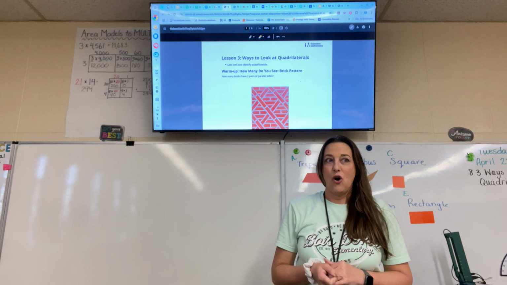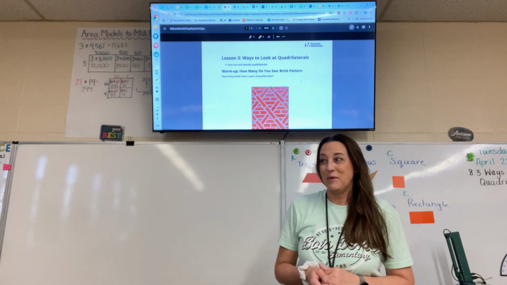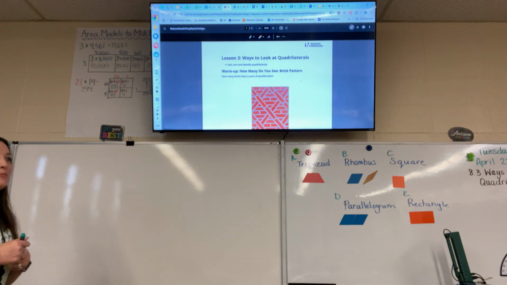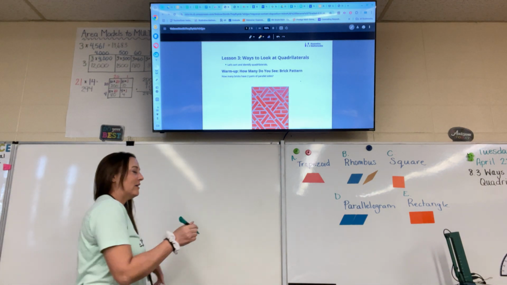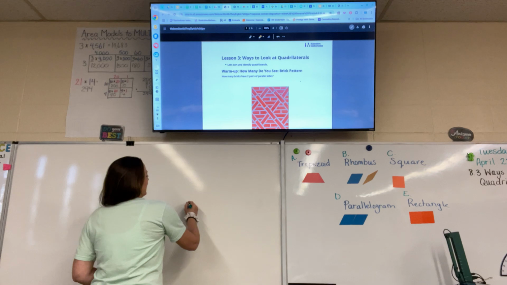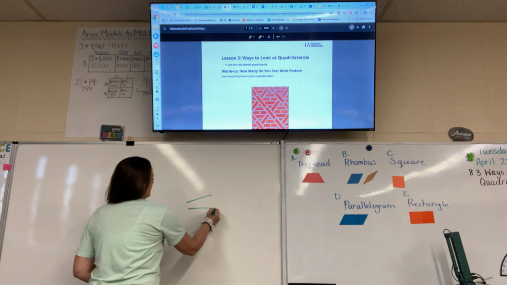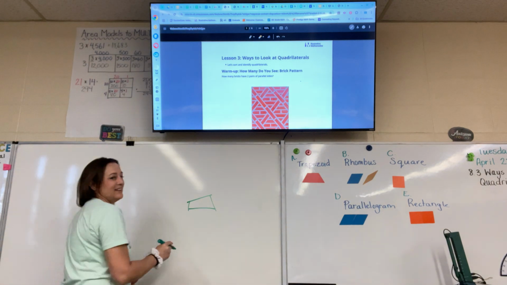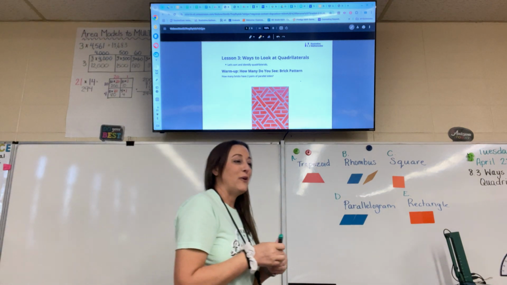How about all of them? Don't all bricks have two pairs of parallel sides? Can you imagine building a brick wall if they weren't parallel? You'd be having bricks going this way, that way. Okay, that would be an interesting brick wall.